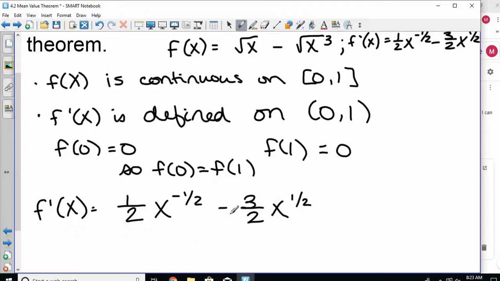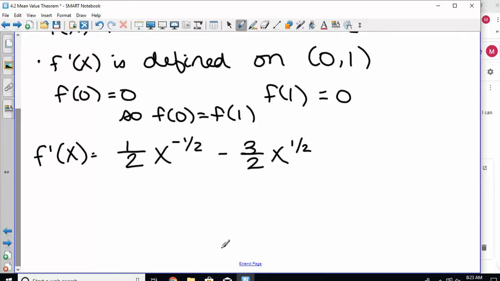If you're trying to figure out what makes that equal 0, I would recommend rewriting it a little bit. We have two options. We could factor out a greatest common factor here, or we could rewrite this using radicals and fractions. What do you guys prefer?